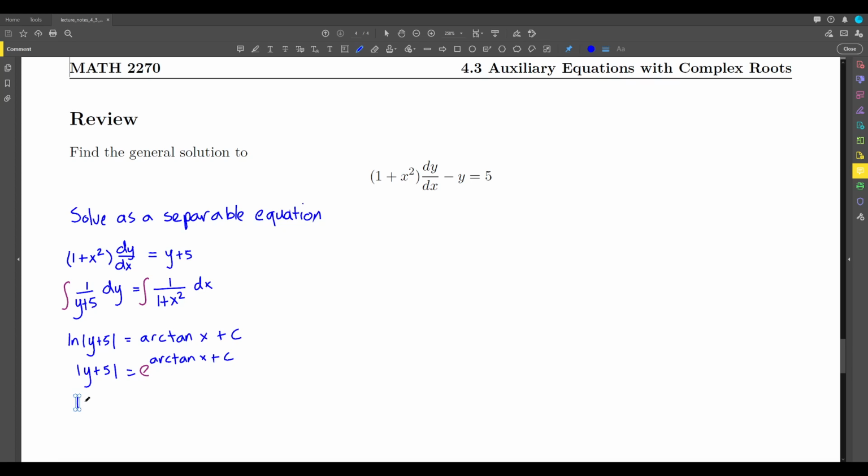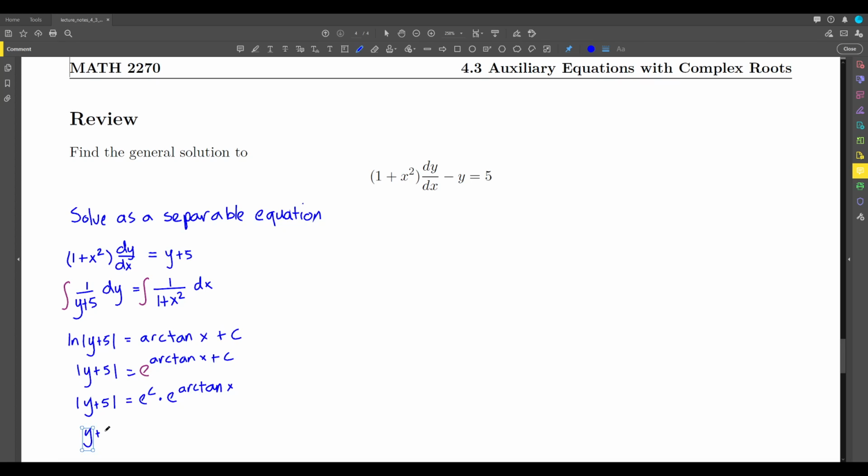And we can rewrite the right-hand side as e to the power c times e to the power arctan of x. And getting rid of the absolute values here means that we have to put a plus or minus in front of this constant, but that's still a constant.